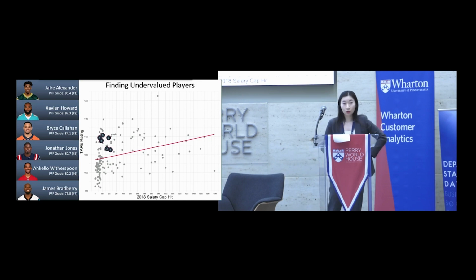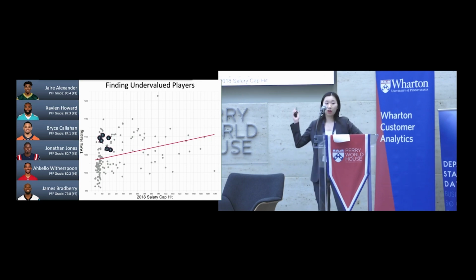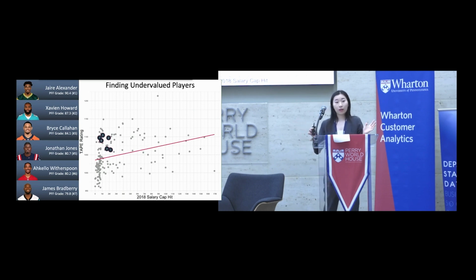Okay, so this graph helps us, like I said before, find undervalued players. It shows 6 of the top 7 rated players, I believe, by PFF. PFF is just an external company that grades players. You can see that all of these players lie above the trend line that shows how much they're getting paid, with salary cap on the x-axis versus the ELO rating we gave them.